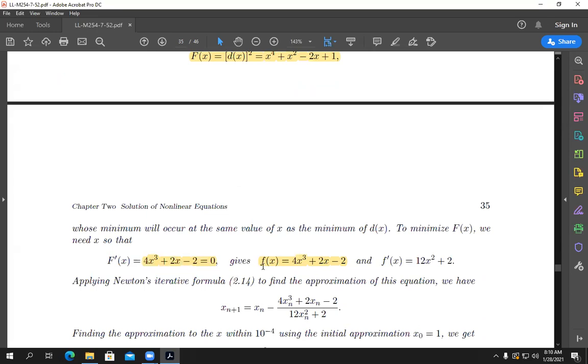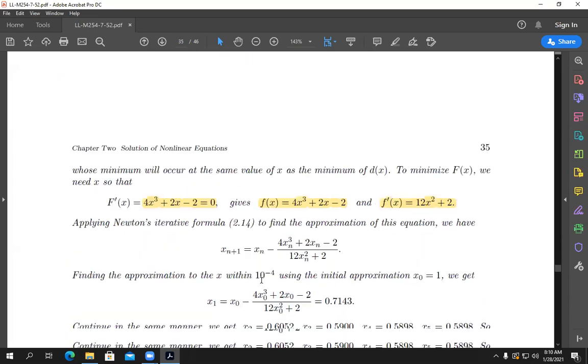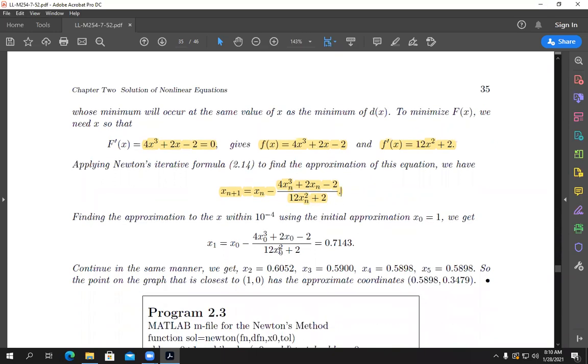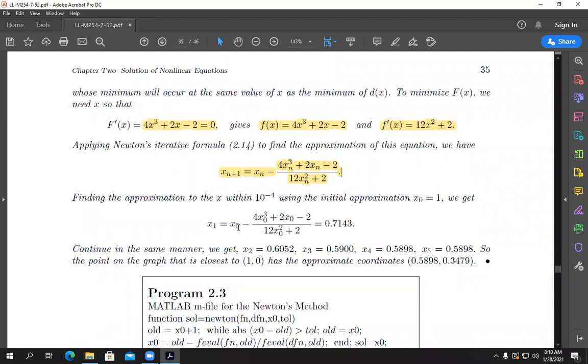So now when you have f of x, you can easily find the derivative of f of x, which is this one. Now you are ready to use the formula. The Newton formula is x n plus 1 equals xn minus f of xn divided by f dash of xn, which is this one here. Now, as I told you, you are ready to find the first approximation or the second one.